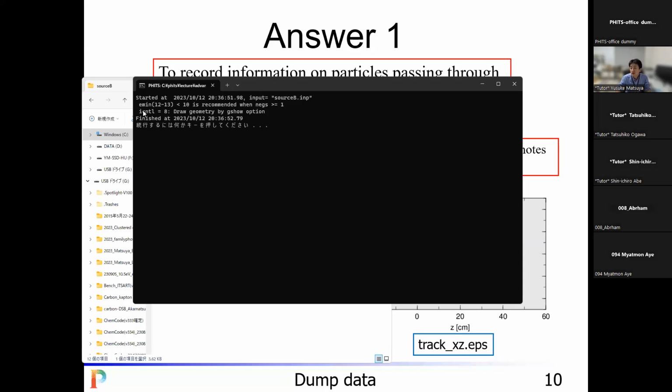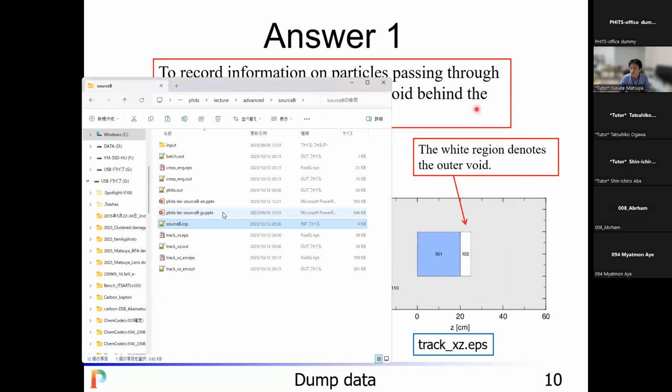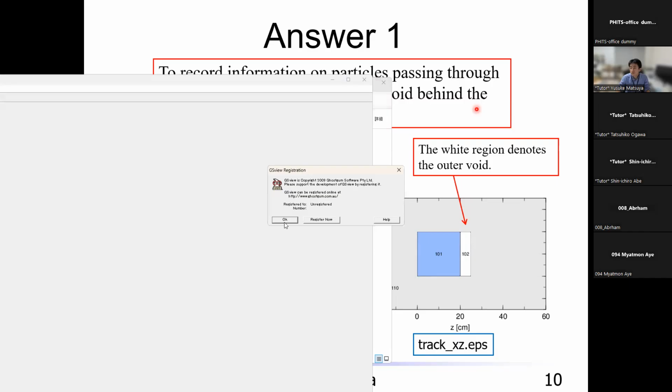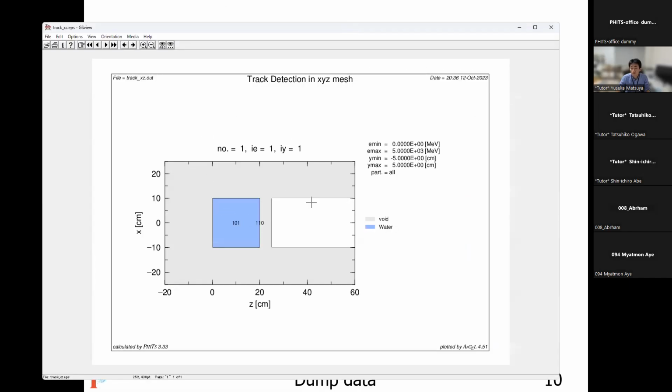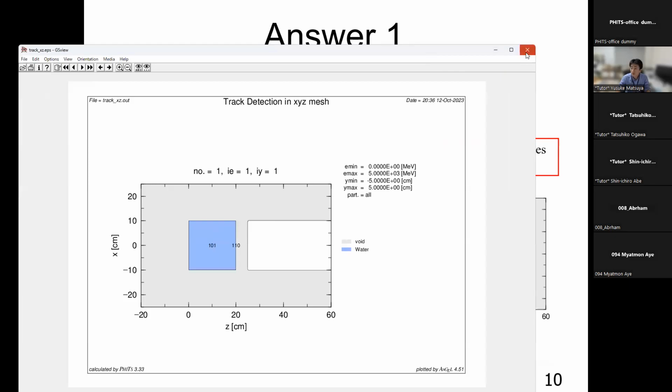Okay, the console says I control equal 8, so it's correctly modified. So after the execution, please open the track_xz.eps file. Oh, something is wrong.